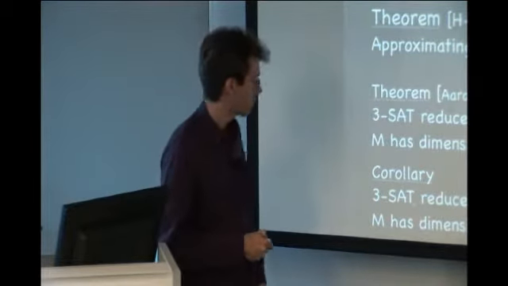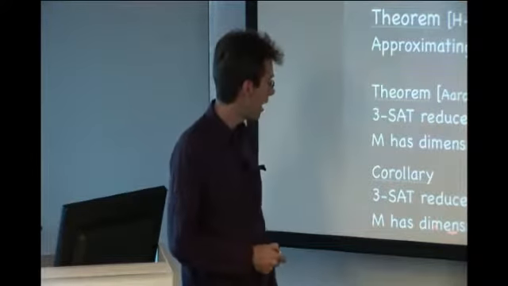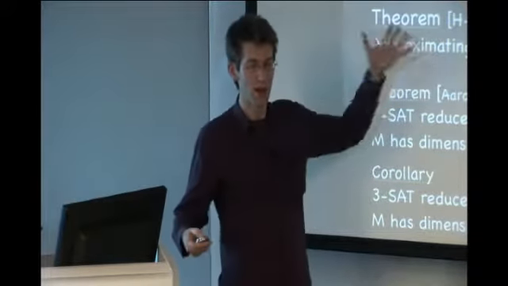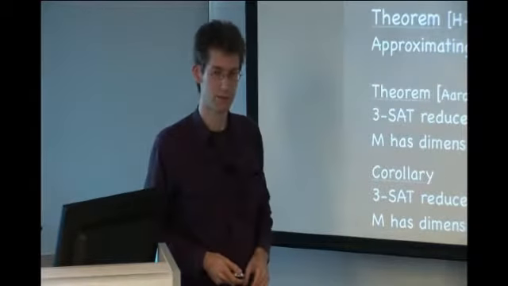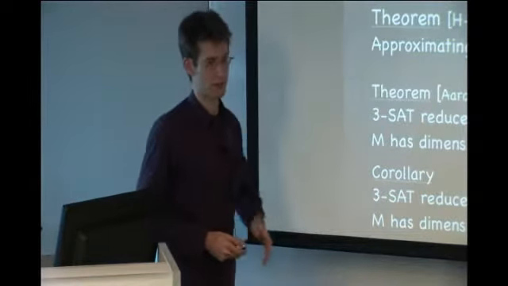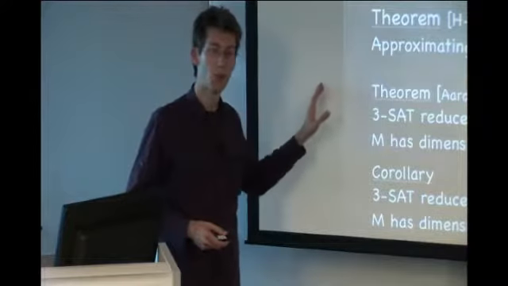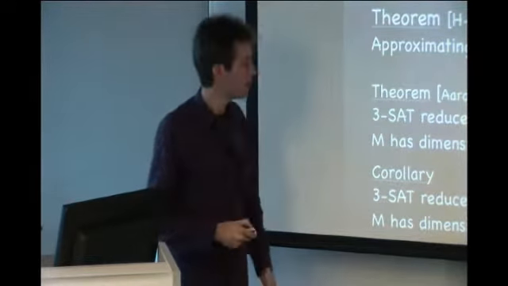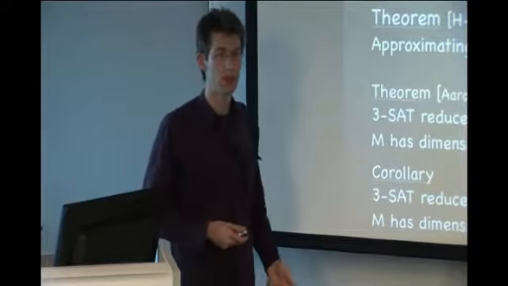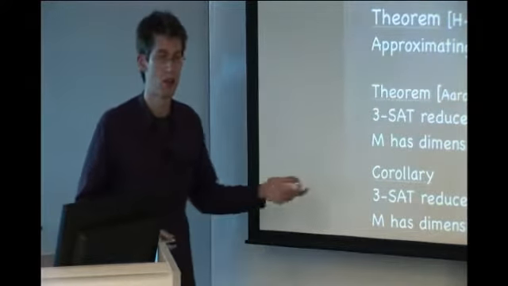And you start with a 3-sat instance with n variables, and you end with a matrix of dimension 2 to the root n times a little bit. So it's, in that sense, much weaker than the previous reductions, where the matrix just had dimension polynomial in n, but it's able to achieve this better accuracy.